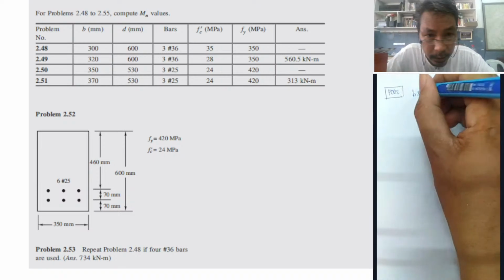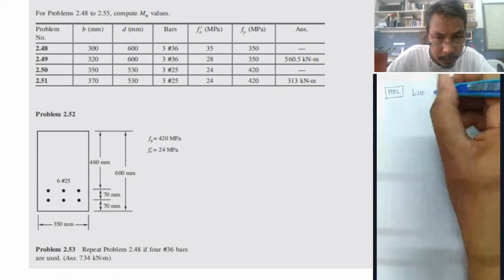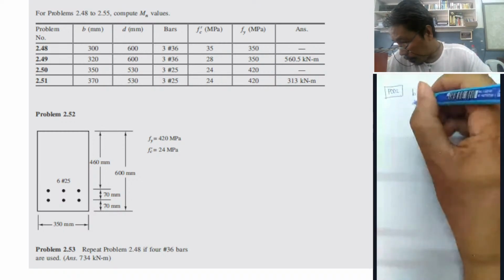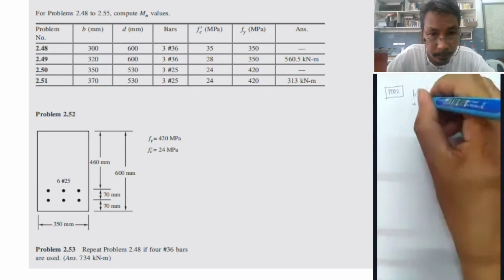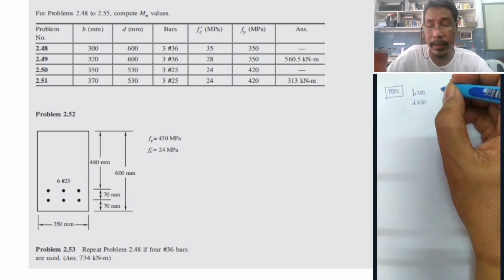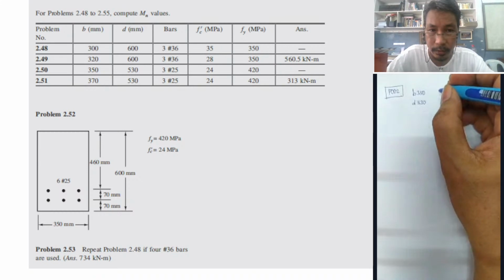D is how much? 530. Again, I am doing this repeatedly so that we can be familiarized and memorize the procedure. Okay, the step by step.